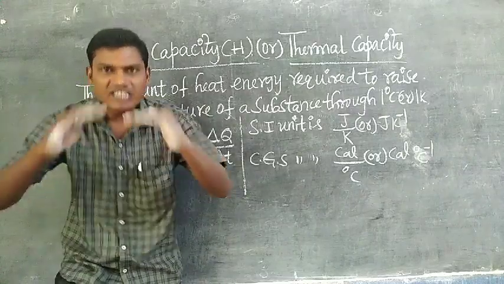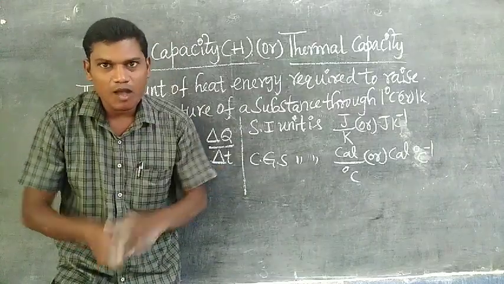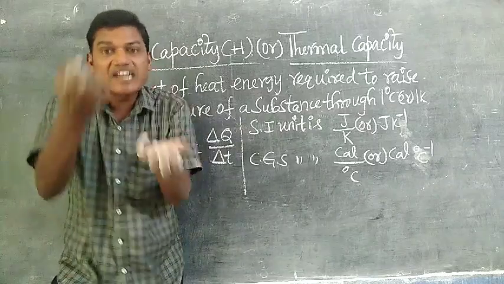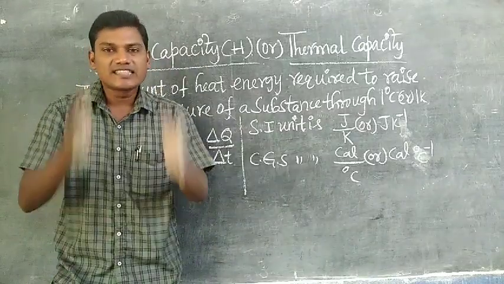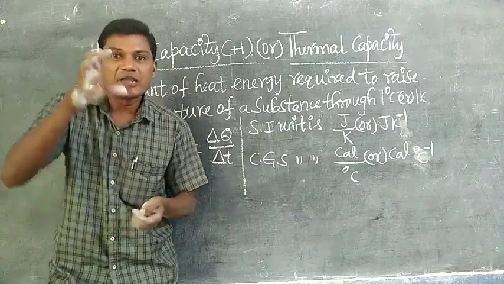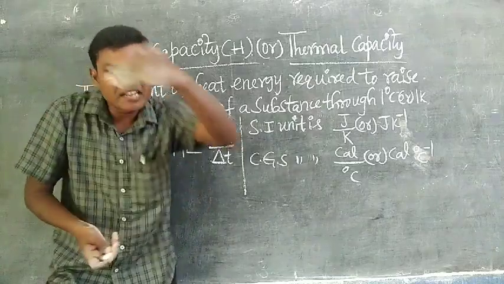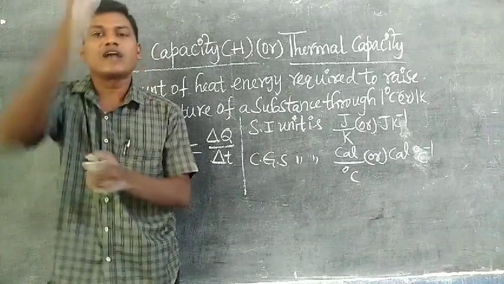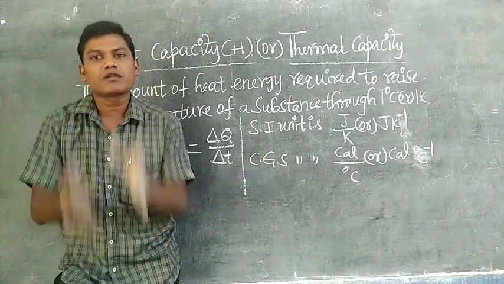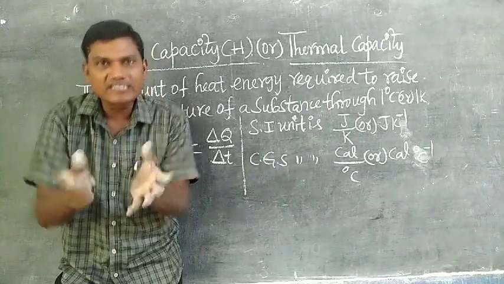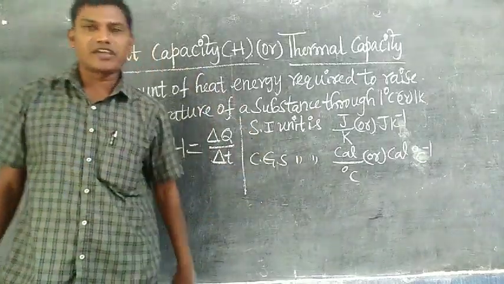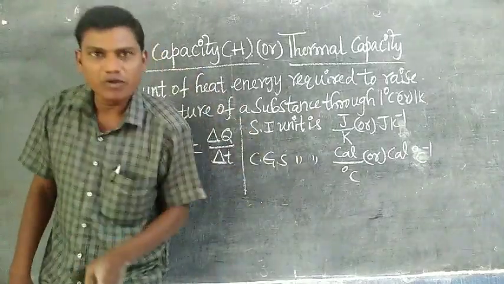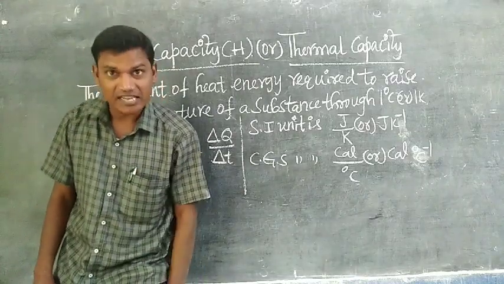So for the same rise in temperature, both absorb different heat energy. That's why thermal capacity depends on the nature of the body and also the mass of the body.